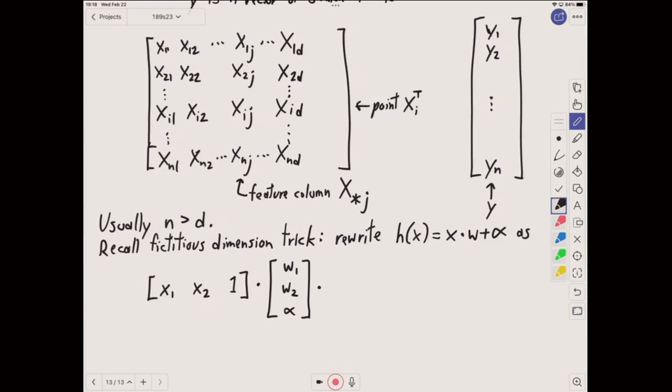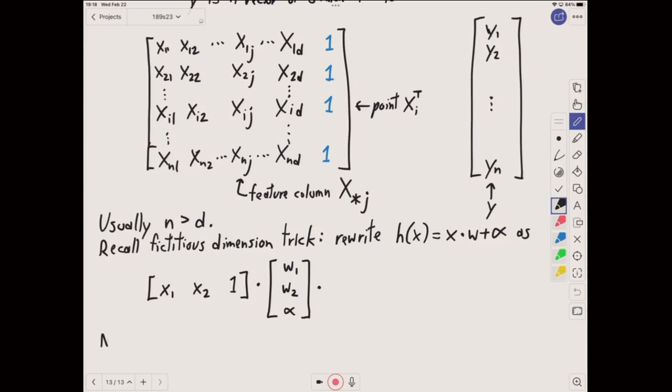All right, so how this affects the design matrix is that I'm now going to make a design matrix, or at least imagine a design matrix, where I've added a column of 1s to the end of the matrix on the right-hand side. And I want to be clear that I'm not going to rename X when I add those extra columns, because I don't want to have overly complicated notation.